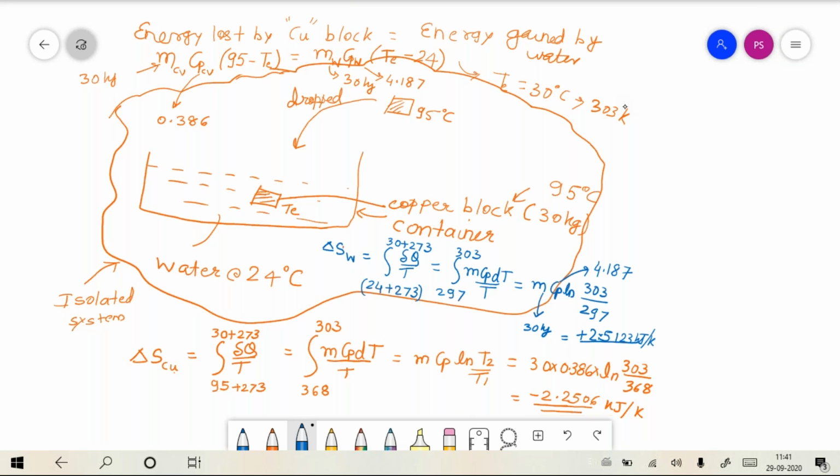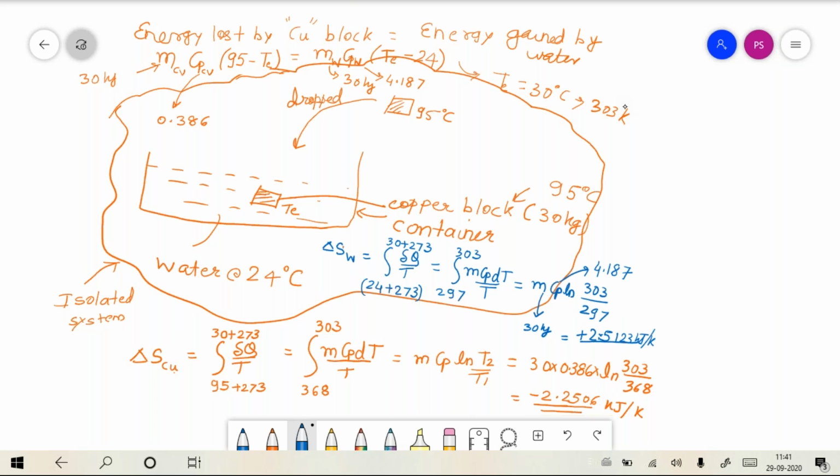And you have figured out that whatever is the energy lost by copper block is the energy gained by water. In spite of such an ideal scenario, what you are finding is the entropy change of copper is less, whereas the entropy change of water is more. That is, the total entropy change is in fact positive. The entropy change of this isolated system is positive.